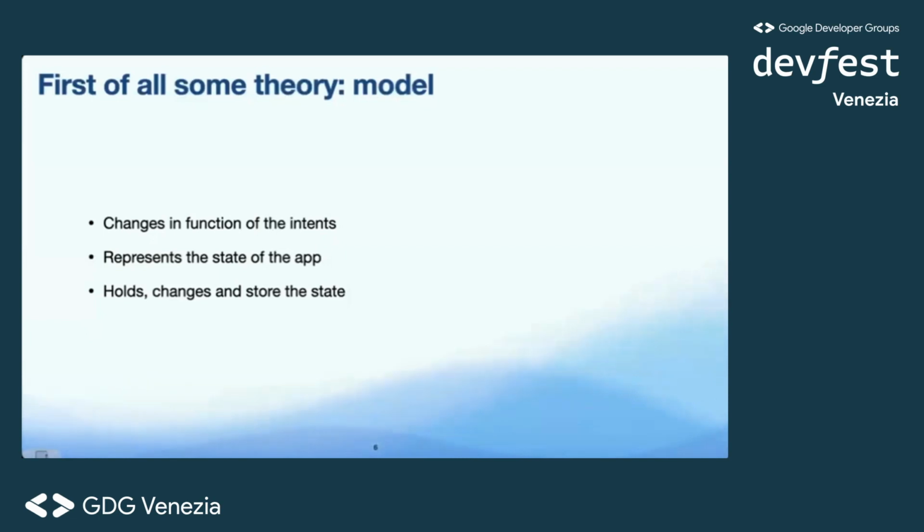So let's think about, again, everything which is related, for example, to communicating with our databases, local or remote, and so on, and it handles the state of the app and does all the operations useful to change the state of the app.